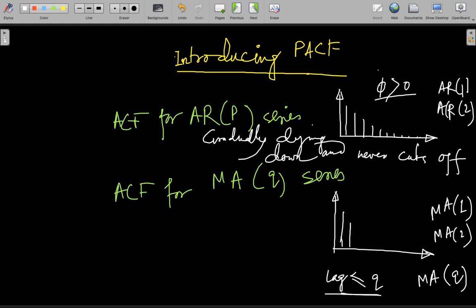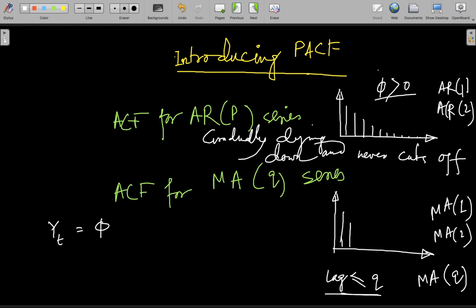Now the question is, why do we see such differences between the ACF plot for an AR(p) series and for an MA(q) series? We'll briefly explain that. Let me write down a very basic equation, an AR(1) series.